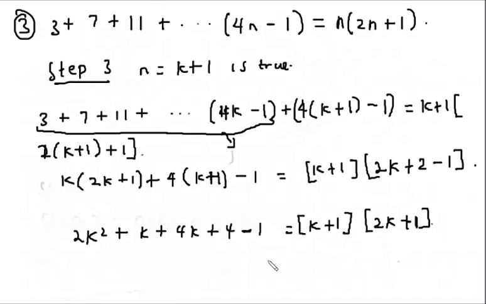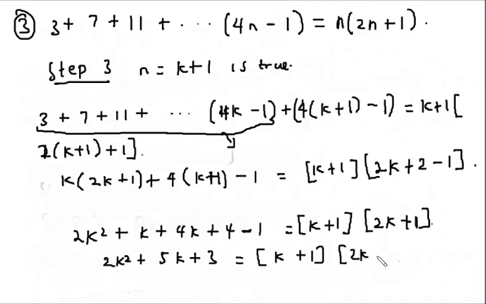If you simplify this again, you should have 2k squared plus 5k minus 3 plus 3, and then this is equal to open bracket k plus 1 and 2k plus 1.